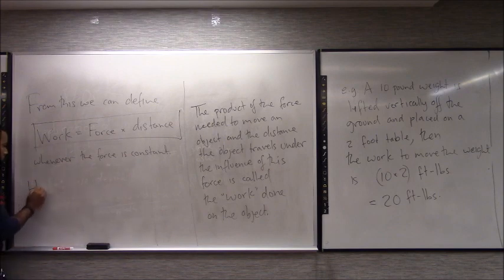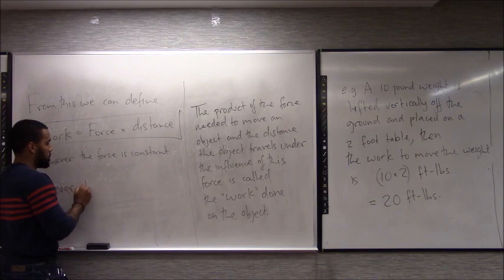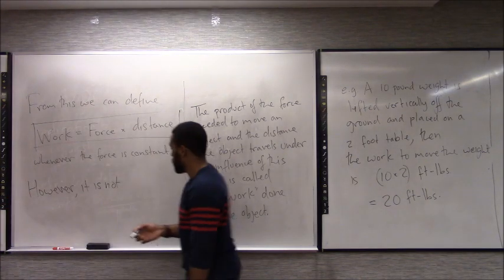However, here's the issue, and here's where most of our time is going to be spent trying to figure things out. It is not always the case that constant force is being applied. Sometimes your force can vary.